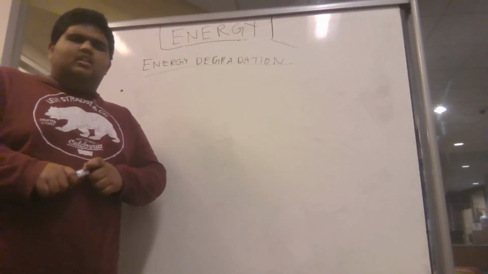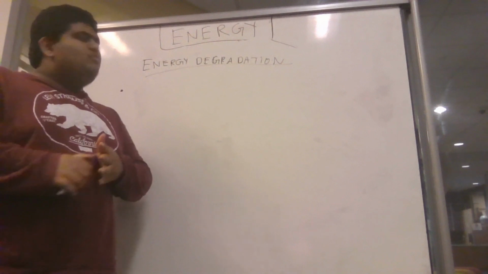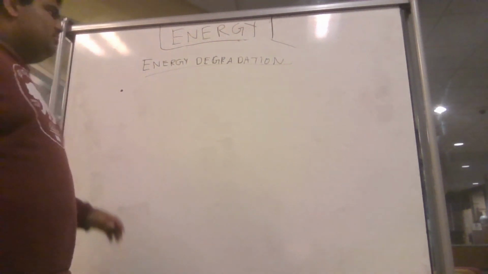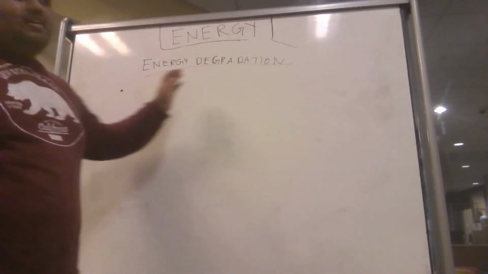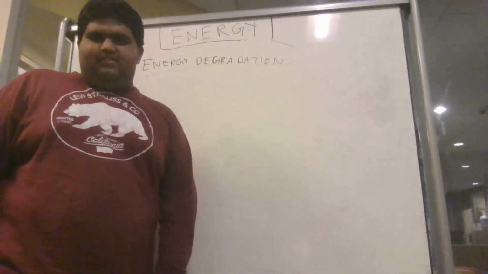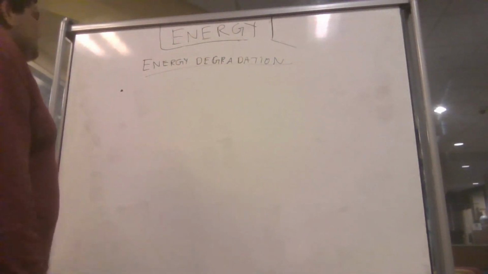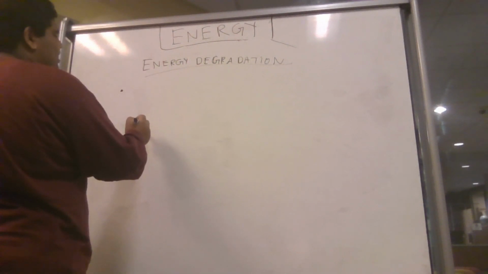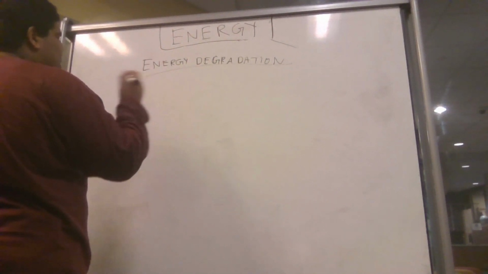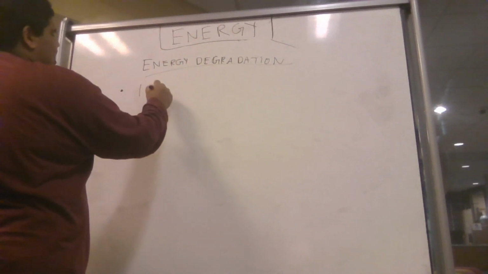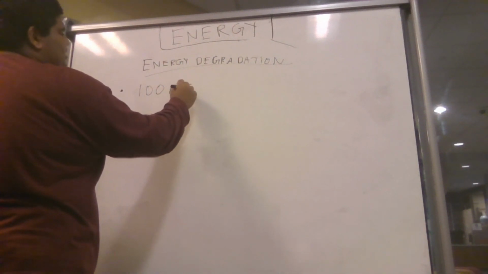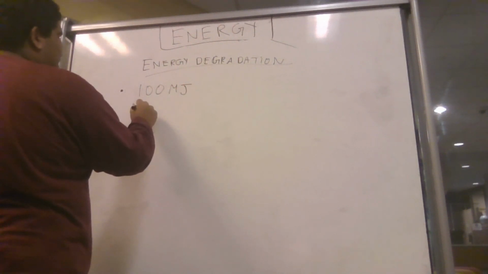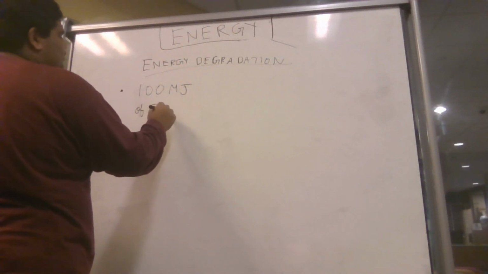Now, let's say that I want to convert one energy into another. For example, there's fossil fuel, and I want electricity from fossil fuel. Let's take, I have in my inventory about 100 megajoules of fossil fuel.